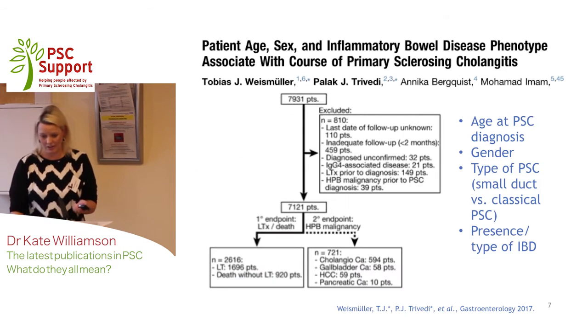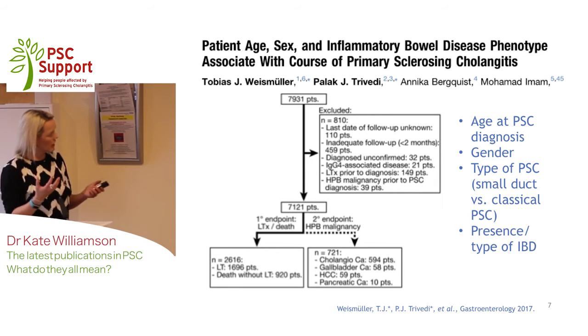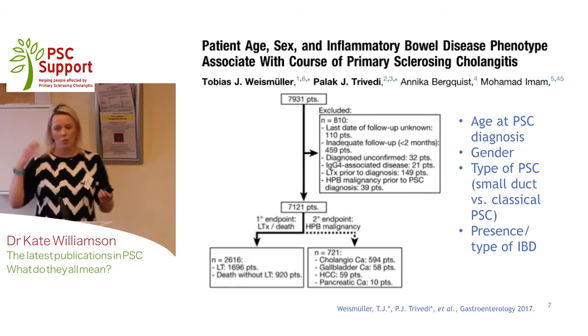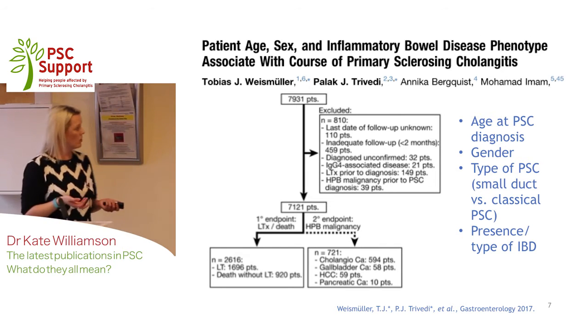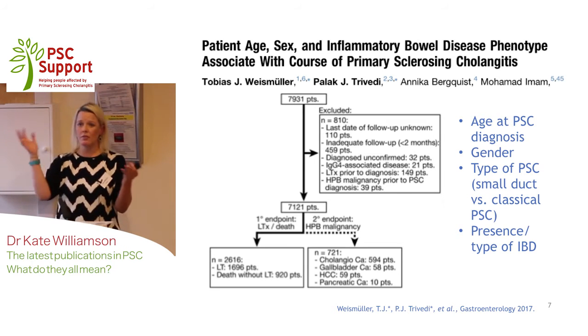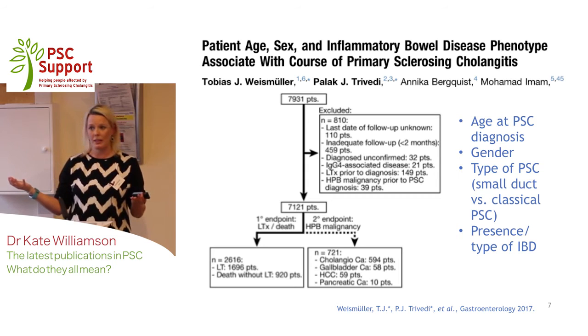So that's very exciting. So then this study was a huge collaborative effort of 7,000 patients from North America, Australia, Europe. Many of you in this room would have contributed because UK PSC did contribute to this. And they basically looked at all of the different variables for the patient. So of this 7,000 group of PSC patients, they looked at all the different things and what put you at greater risk of progressing.